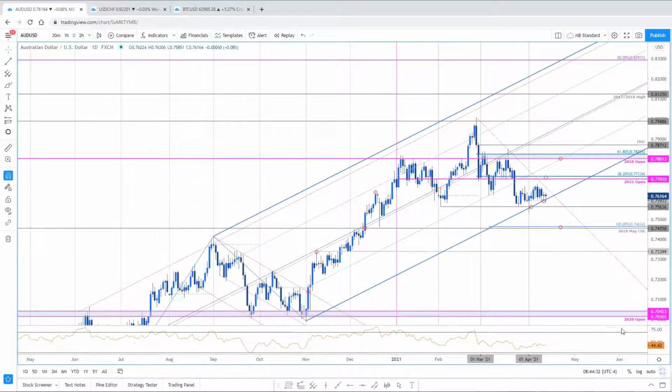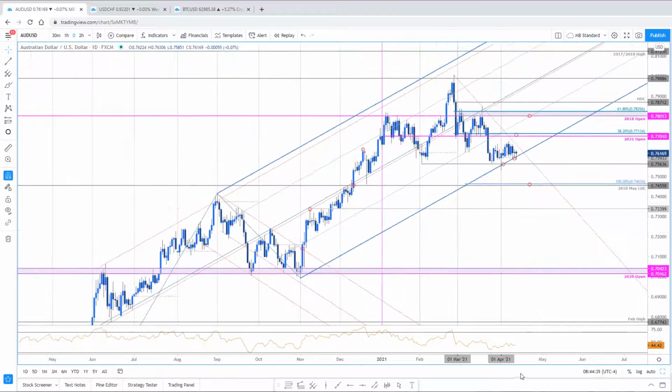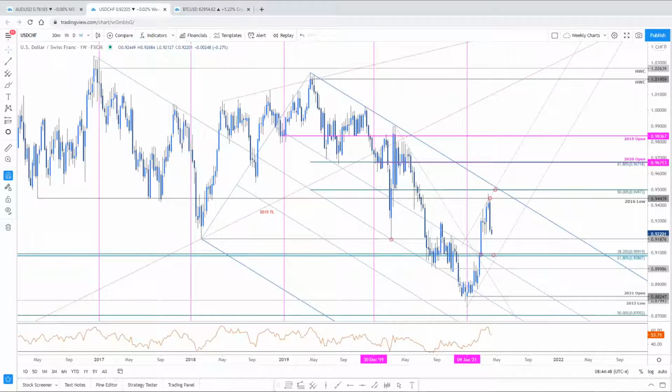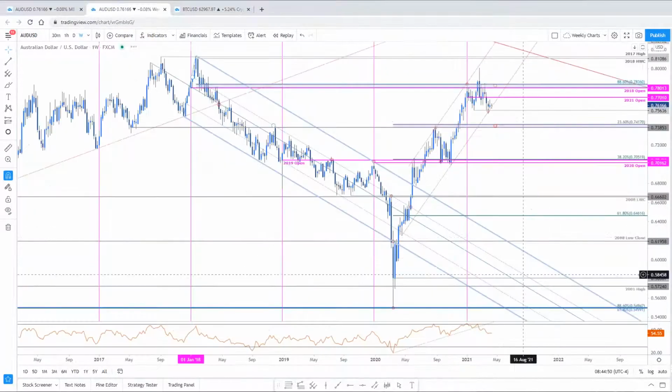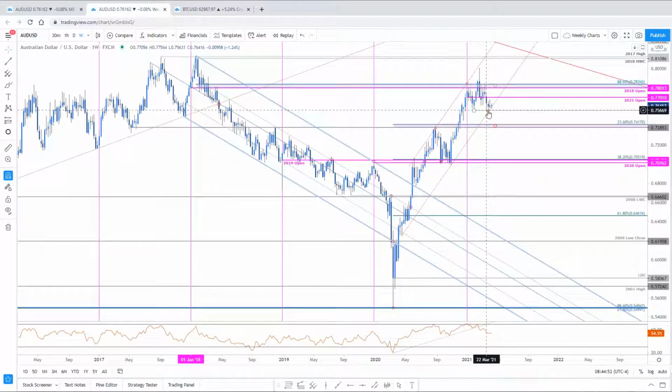Here's the daily chart, right? This is pretty big. Again, 75.64 is your objective yearly opening range low. Puts more emphasis on this. Take you back to the weekly charts, and I'll remind you that we are sitting at major support as well. Opening range low for the year.